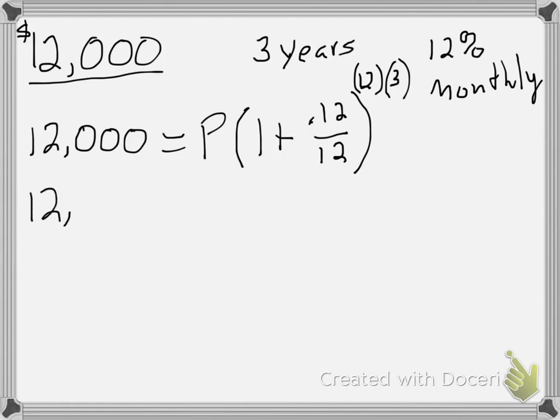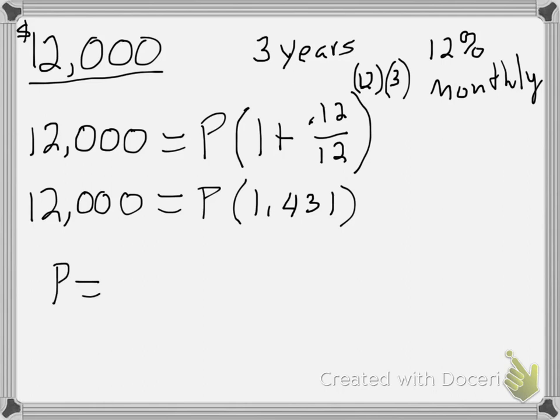Well, he gets his calculator out, and he calculates what 1 plus 0.12 divided by 12 raised to the 12 times 3 power is. And he gets 1.431.